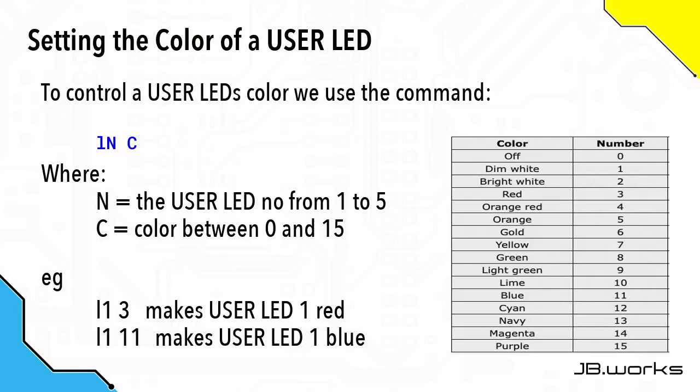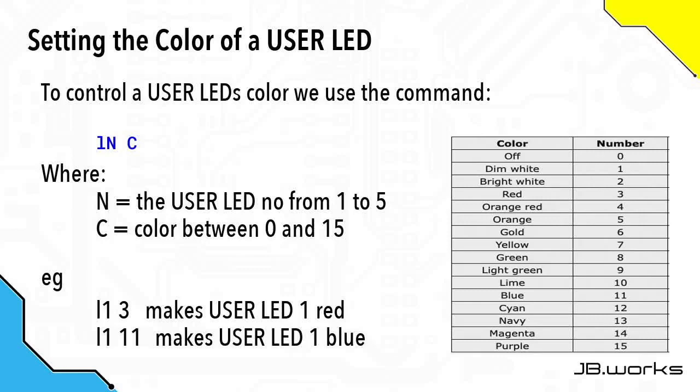Next, we're going to change the color of an individual user LED. To do this, we use the same command as earlier, but instead of having S as the last argument, we have C. And C is a color number between 0 and 15. If you look on the right hand side, you can see there's a table of colors. Number 1 is dim white, and 0 is off.